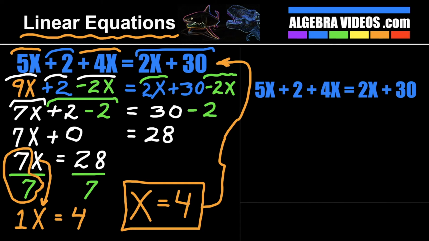Here is the original equation, and wherever there is an x, like right there, another one right there, and another one right there. Anywhere there's an x, we're going to plug in our solution of 4 and see what we get. 5x becomes 5, and we're plugging in a 4 for the x, right?